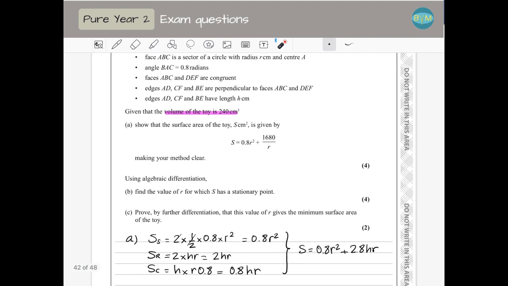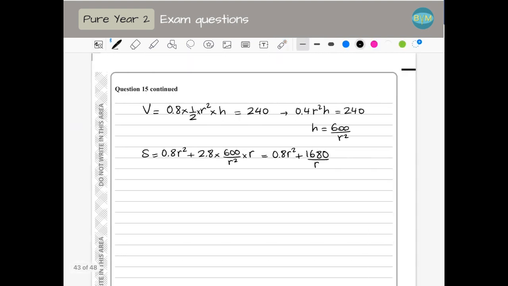And then, using algebraic differentiation, find the value of r for which S has a stationary point. So S, this expression here, is going to have a stationary point when the derivative is 0. So what I'm going to do is differentiate this expression and make that equal to 0. So dS/dr is 2 times 0.8, which is 1.6 r, to one less.